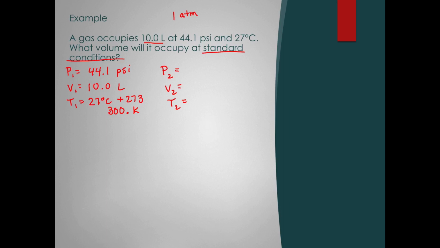So 1 atmosphere is the same as 14.7 psi. You didn't need to have this one memorized. I would give this to you. So 14.7 psi, that's the same as 1 atmosphere, and it's asking what volume, so we don't know that. And our temperature is always going to be 0 degrees Celsius or 273 Kelvin.